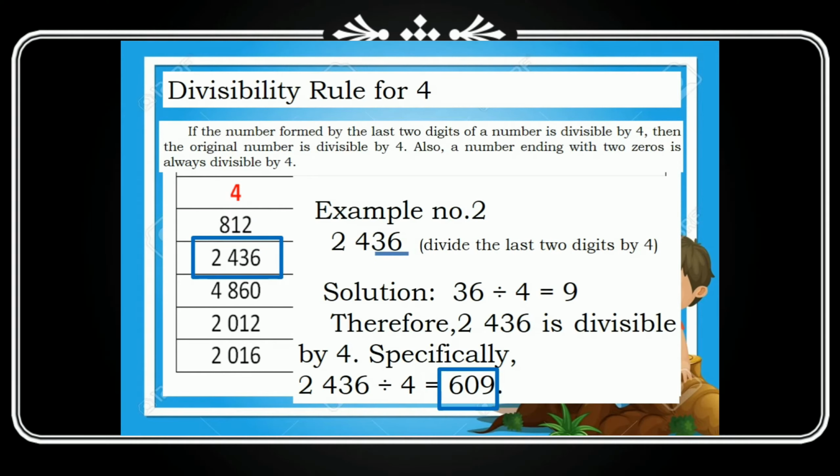For example number 2, we have 2,436. First step, divide the last two digits by 4. So 36 divided by 4 is equals to 9. Therefore, 2,436 is divisible by 4. 2,436 divided by 4 is equals to 609.